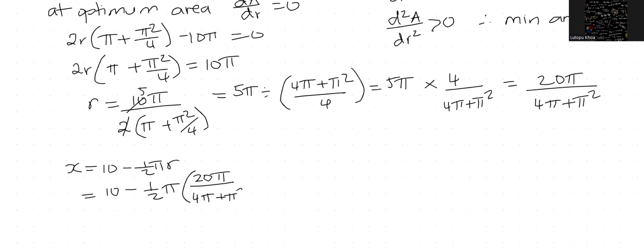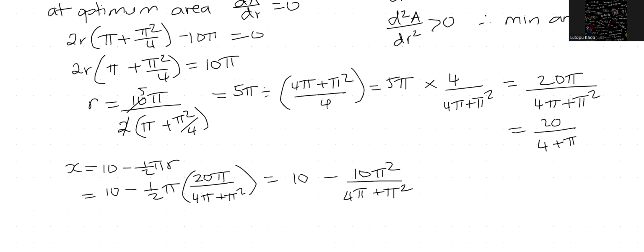This is 10 minus the half and the 20 will cancel, so you have 10 pi squared over 4 pi plus pi squared. So here I should have cancelled, factor out the pi. So this is 20 over 4 plus pi. That's in the simplest form.